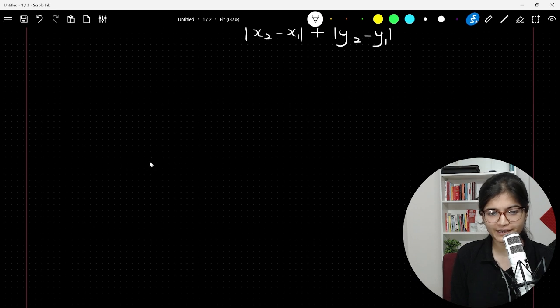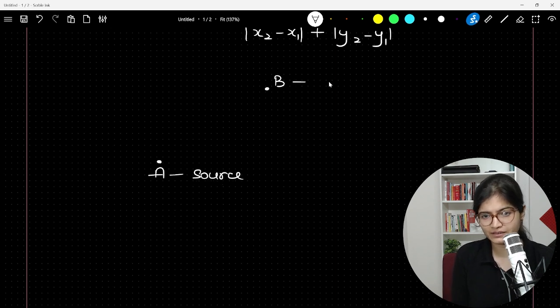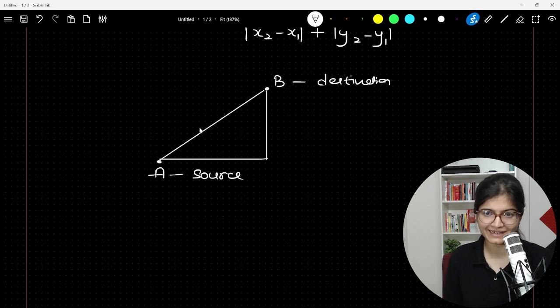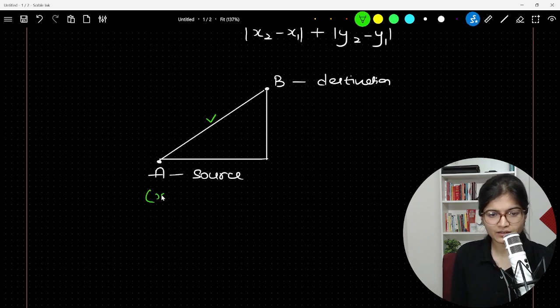For example, let's say I have this point A, and let's say this is point B. A is the source, let's consider, and B is the destination. There can be several ways to go from the source to the destination. One way could be where I directly take this path, moving from A to B. A has coordinates x1, y1, and B has x2, y2.